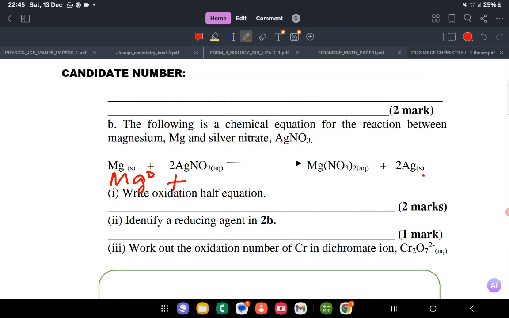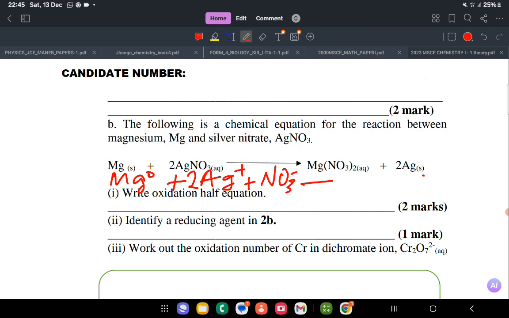In solution, it means we have two silver ions and the nitrate ions.